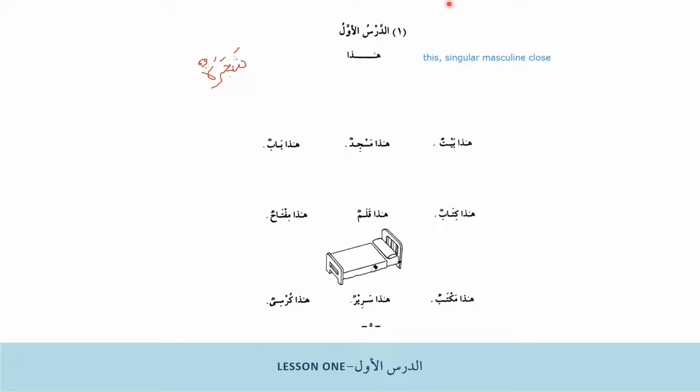This is a bed. Next one. هذا مفتاح. This is a key. MashaAllah, that was quick as well. There you go. There's your key.